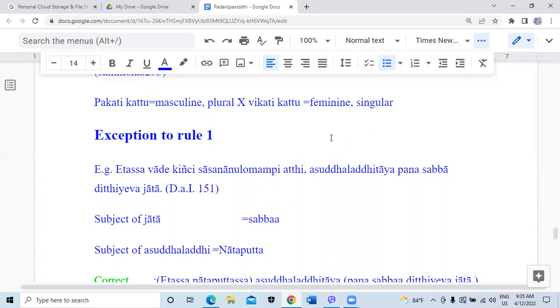So how do you think? For example, a worldly example. You are extremely hungry.